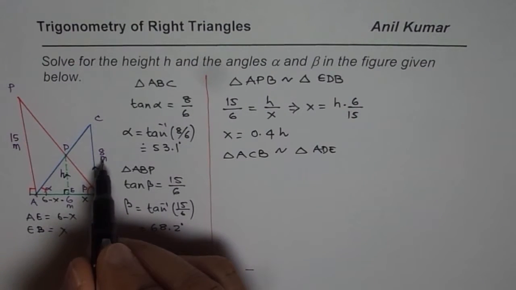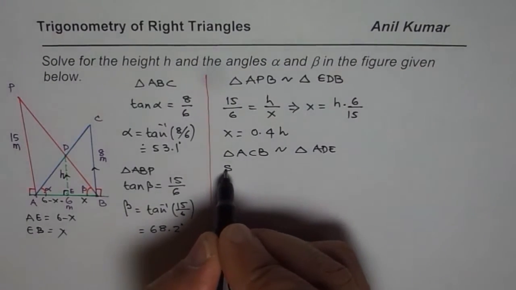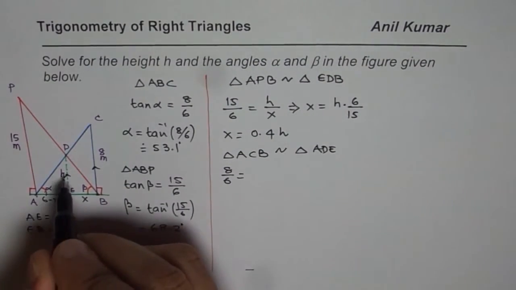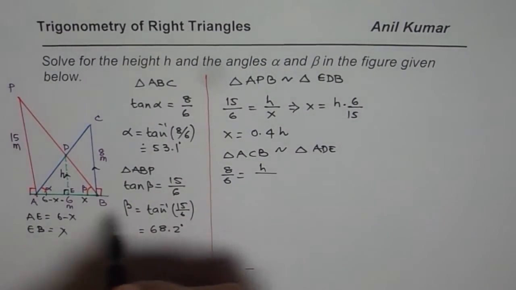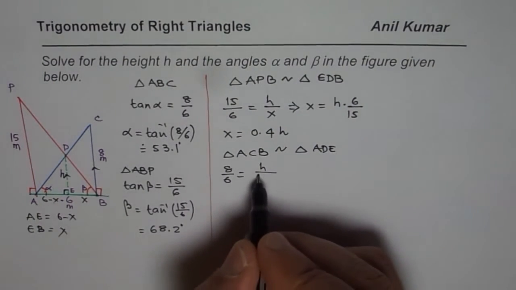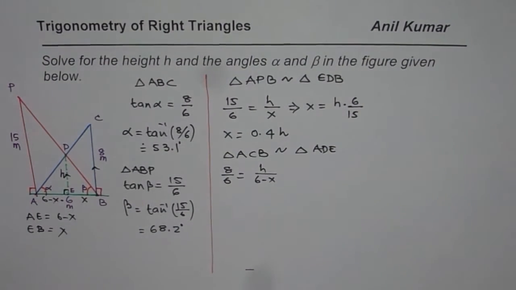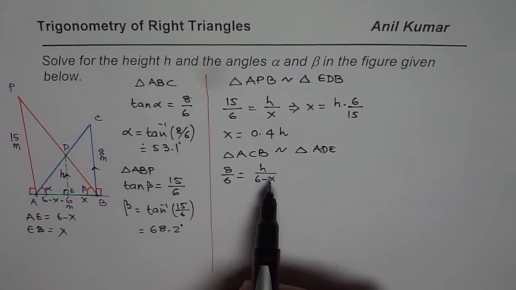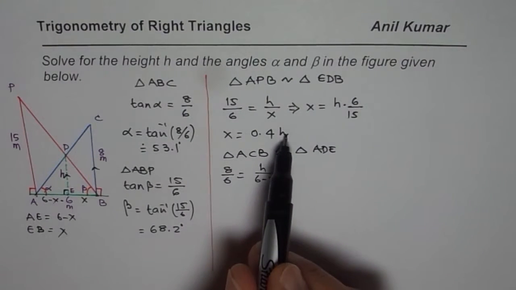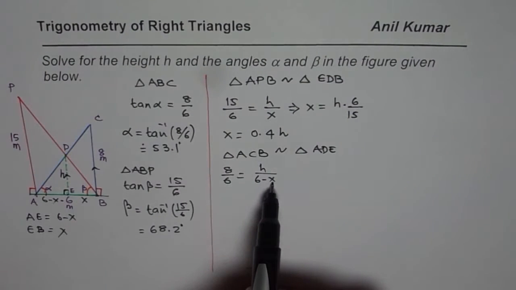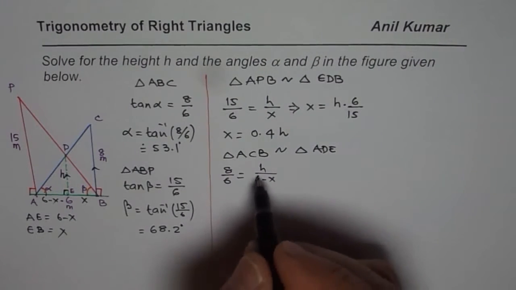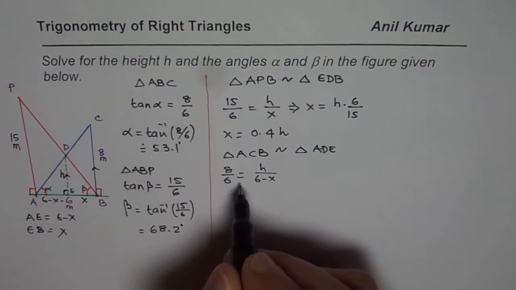So 8 over 6 is equal to h over 6 minus x, correct? We know x is 0.4h, so we can write 0.4h here and then find what h is.